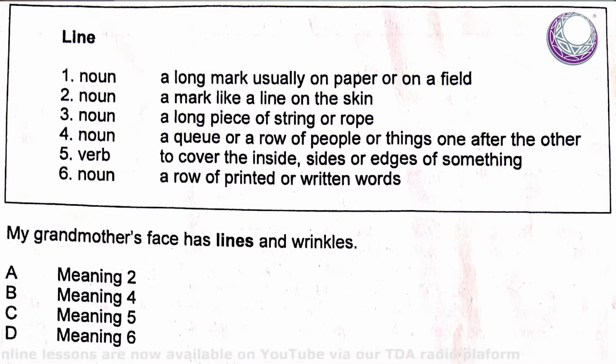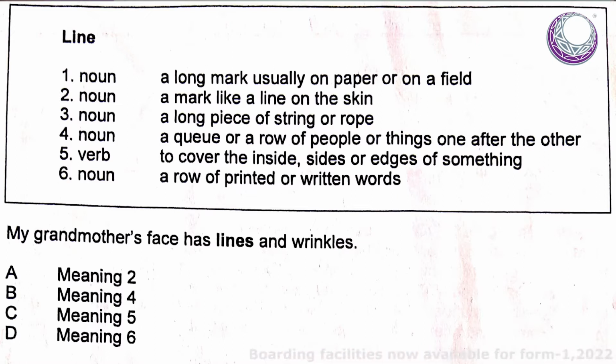And first of all, when we are tackling this type of questions, we need to understand how the word has been used and the description of the word as printed down here. So the first one, the description says a noun is a long mark usually on a paper or a field. Okay, so the word line is described as a noun, and the words a long mark usually on a paper or on a field describes the line.